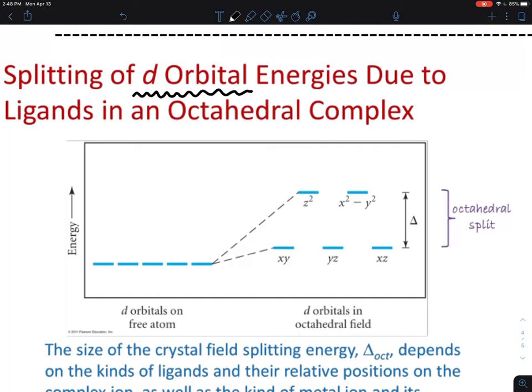These five d orbitals are degenerate, and they split, in what is called the octahedral splitting, when coordinated by neighbors. The z2 and x2 minus y2 orbitals are the axial ones, while the others lie in between the axial positions, at 45 degrees.